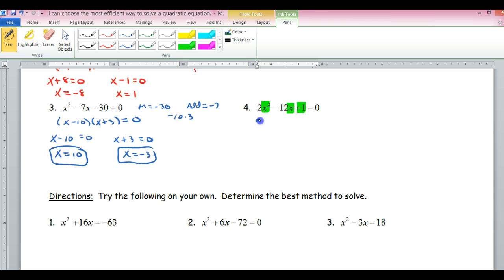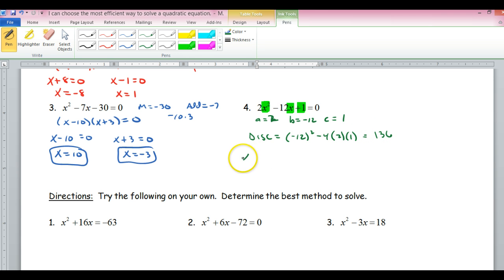Now when we use the quadratic formula, we find A, we find B, and we find C, and we evaluate the discriminant. Okay, so negative 12 squared minus 4 times 2 times 1 gives us a discriminant of 136. Once I know the discriminant, I know I'm going to have two solutions here.